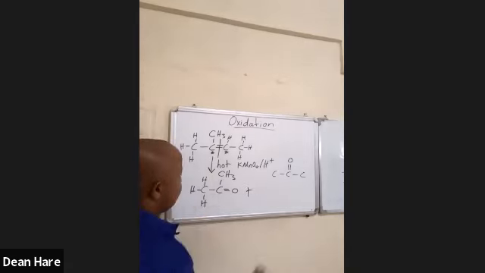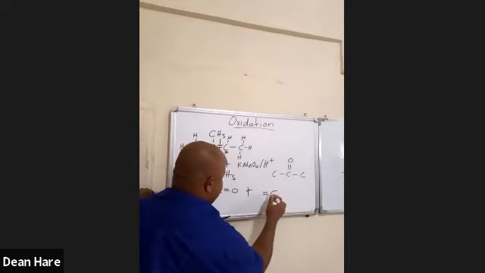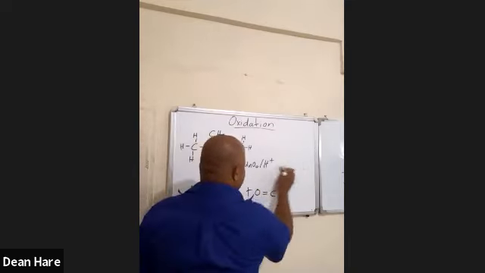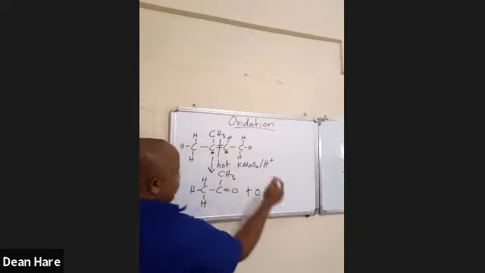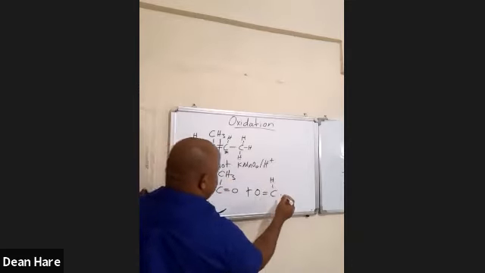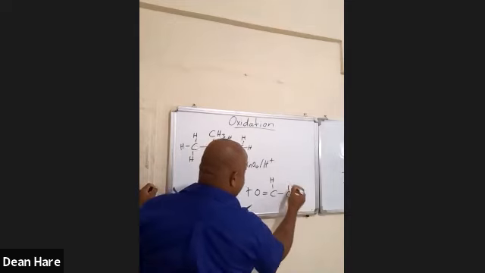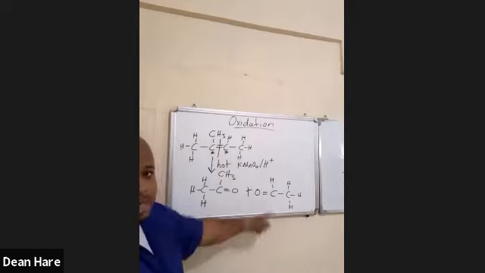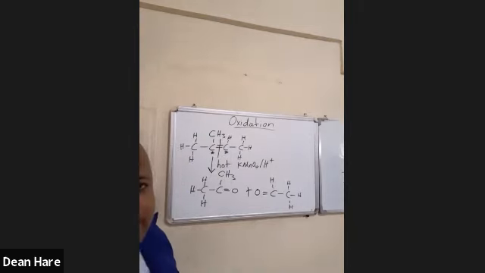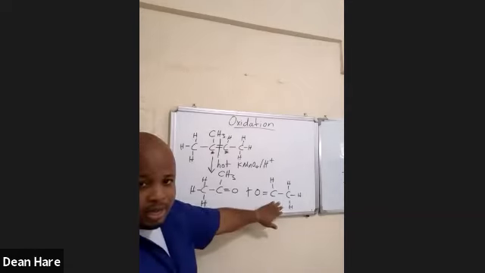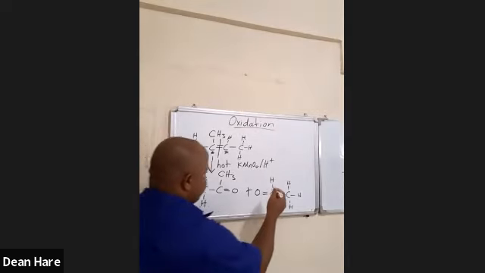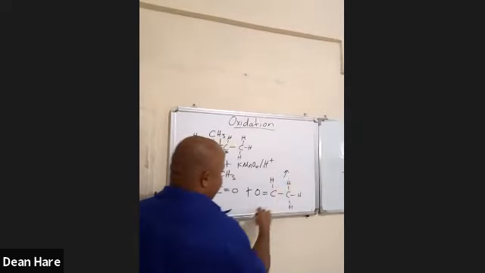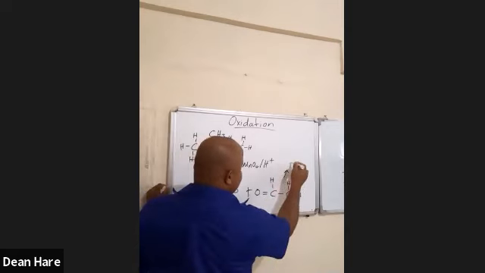On this side now, C double bond O, have a hydrogen and CH3. Right? So this functional group is the aldehyde functional group. And so once you get your aldehyde, you should know that it should be further converted to a carboxylic acid.